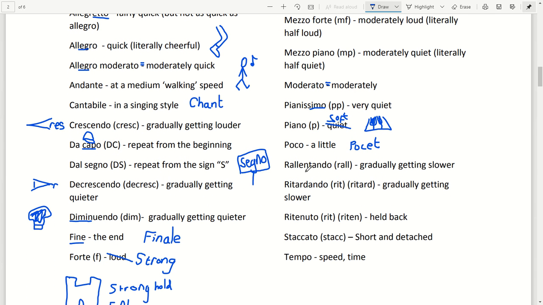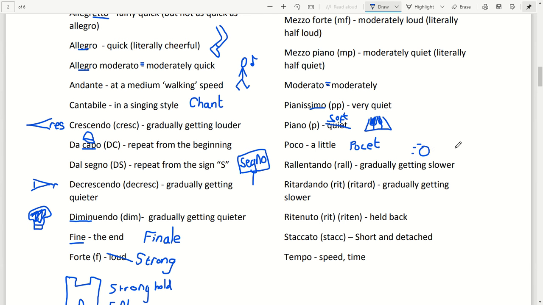Let's have a look. Rallentando is gradually getting slower, and it's the same thing as ritardando. It means slow, retard, and rall. So how could you do that as a mnemonic? You might have a look at the ando and try and make something out of that, as that's in both words. Rit and rall, though, kind of come up as their own thing, so probably worth coming up with something for both. How could you memorize rall? I remember a ralling or rolling ball.